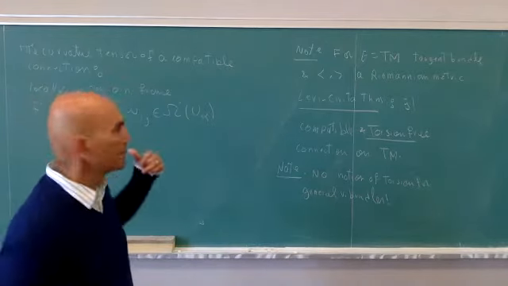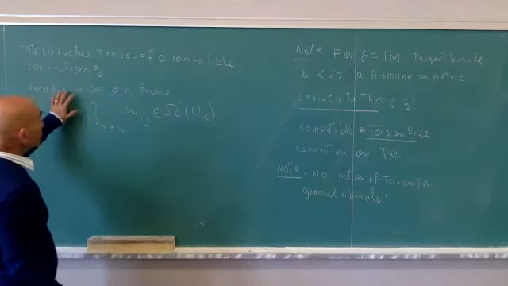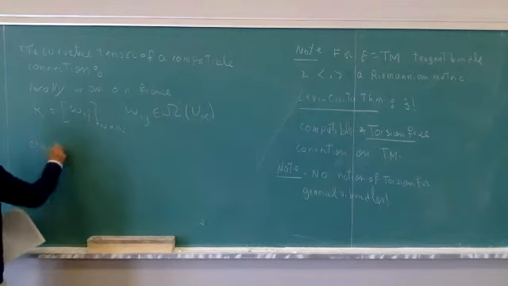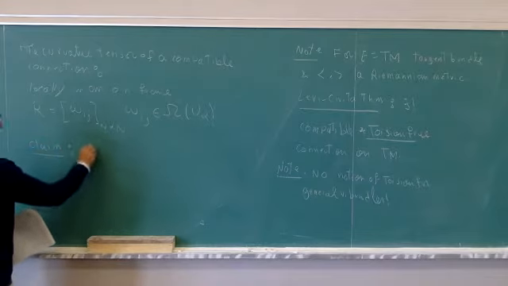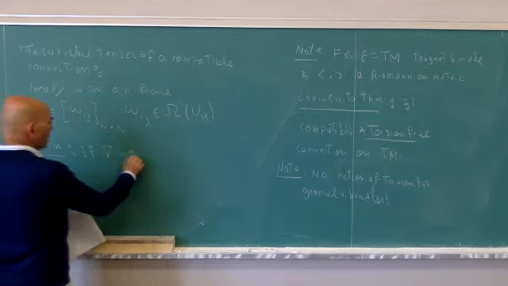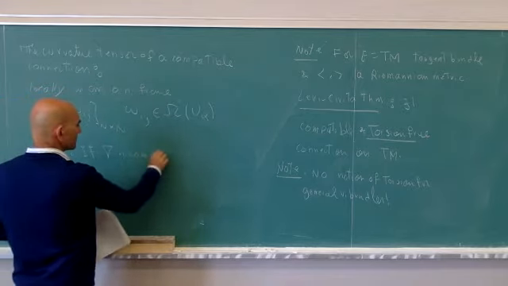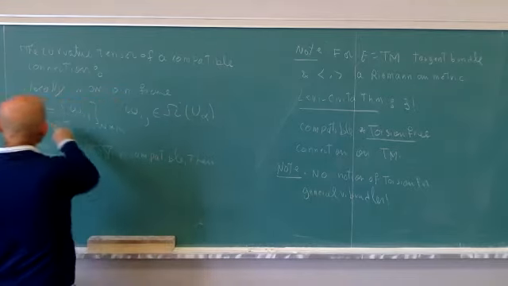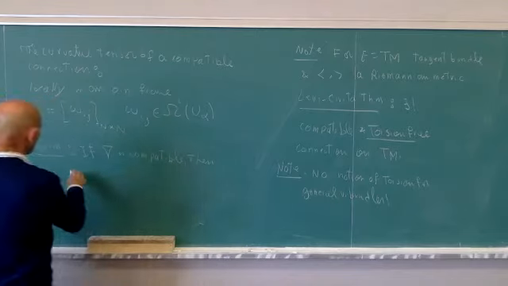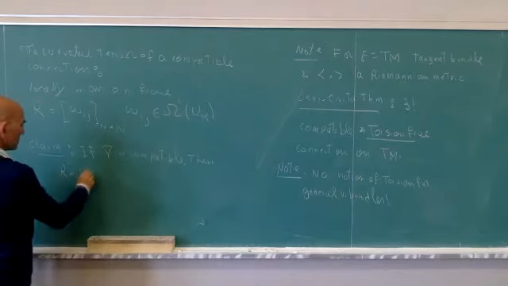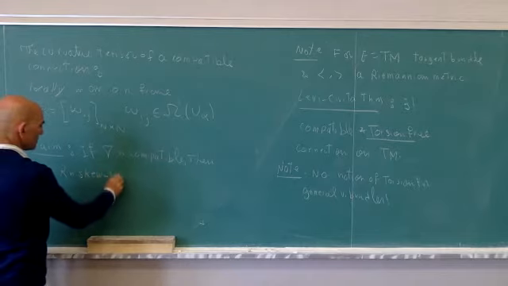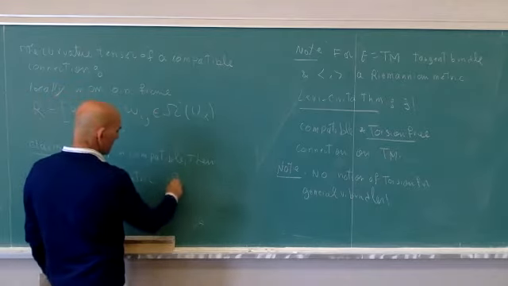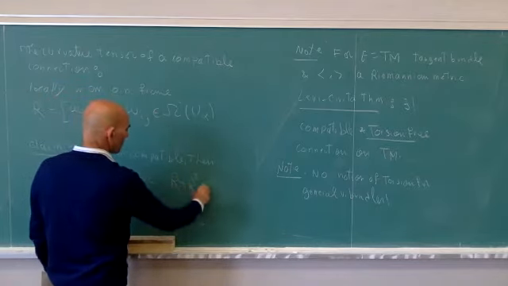Now, I claim that if the connection is compatible, if nabla is compatible, then this R is skew symmetric. This is important in the sense that R plus R transpose equals 0.